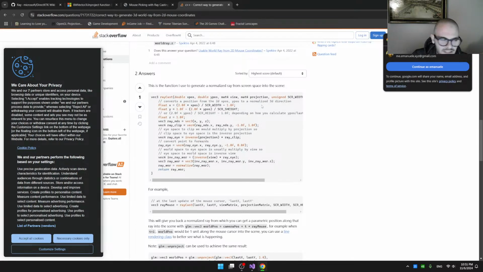We take the screen position, a point in screen space plus the z value, the depth, and we go through this world view projection, but not from world to view and from view to projection, but from projection to view to world.